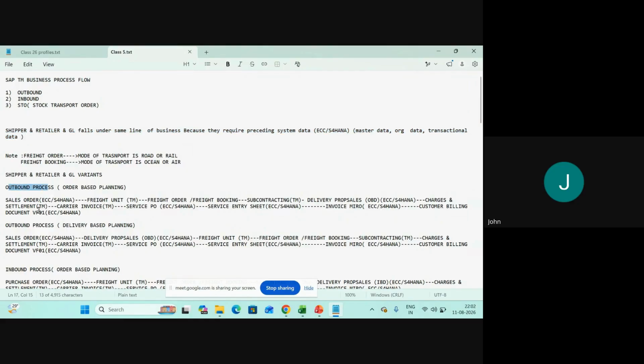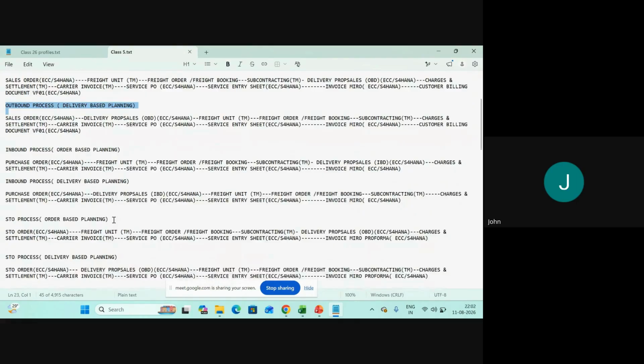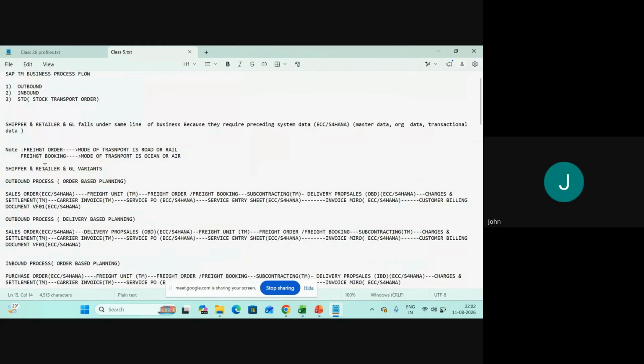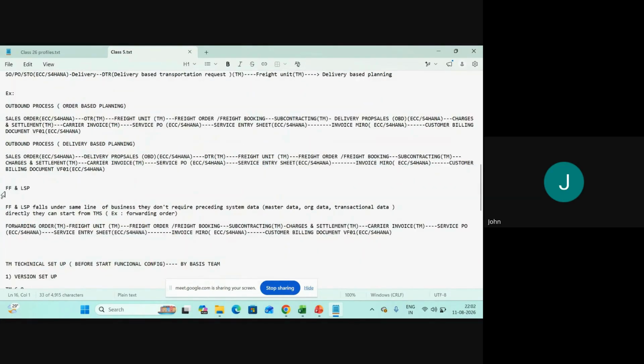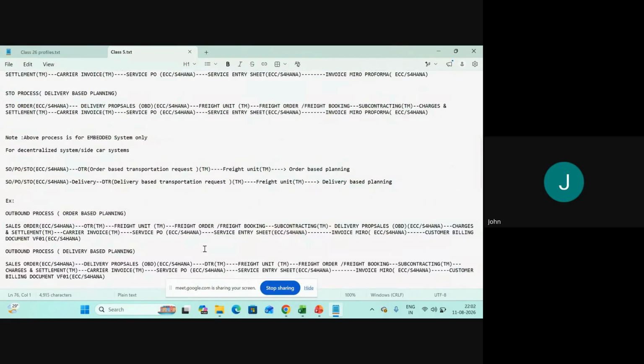Outbound process, order based planning and delivery based planning. Inbound process, order based planning and delivery based planning. This is for group shipper, retailer and group logistics, and for freight forwarder and LSP this is the business process. These are the things we are going to discuss in upcoming sessions.